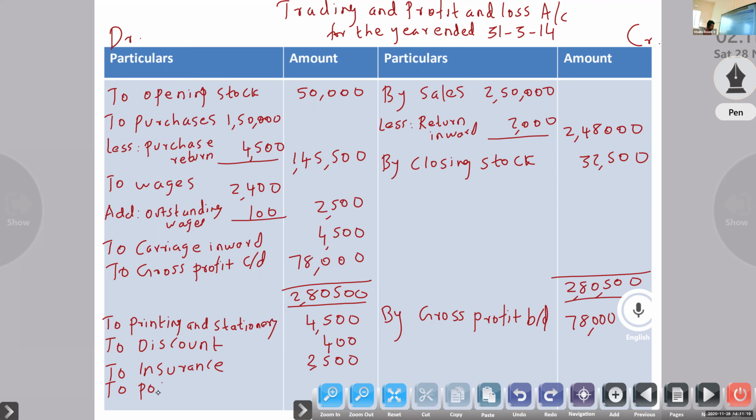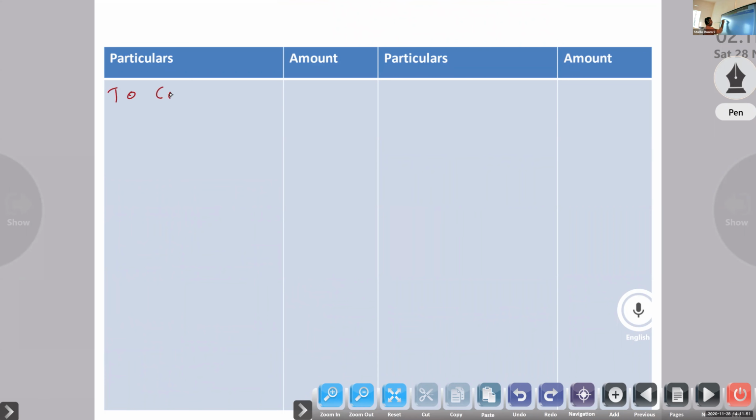Postage and telegram 400. Next commission, no adjustment to commission, 200.